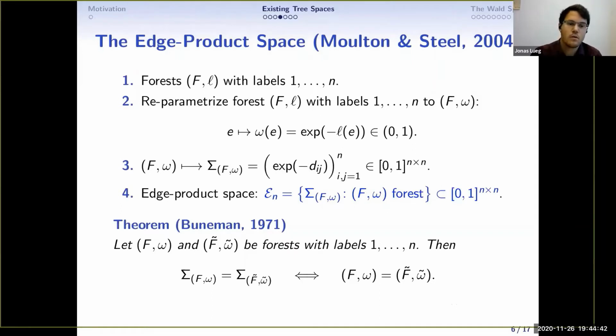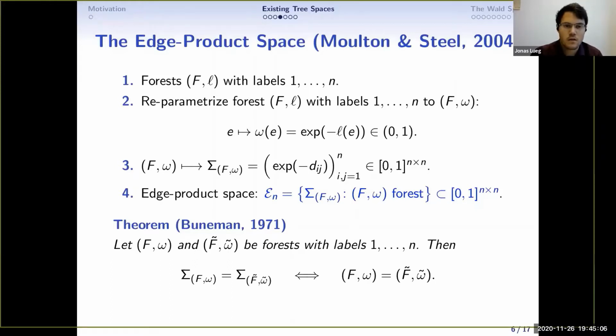We then define a map from these forests with the new parameterization to matrices by taking element-wise the exponential of minus the distance matrix. Note that Dij can be infinity here, so that is just defined as the number 0.